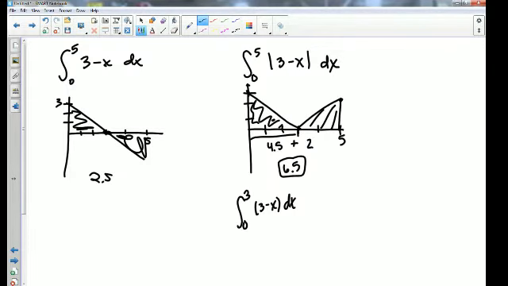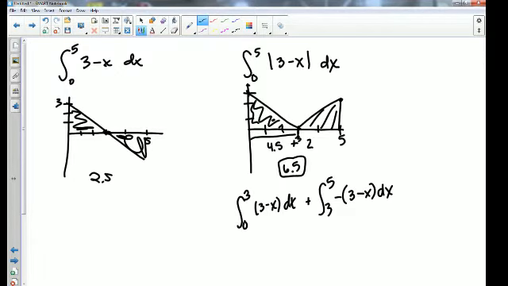That's normal. But then this part that was negative, 3 to 5, with absolute value, we negate the function, because this function will give us a negative area. What happens if you multiply it by a negative? It gives you a positive, right?